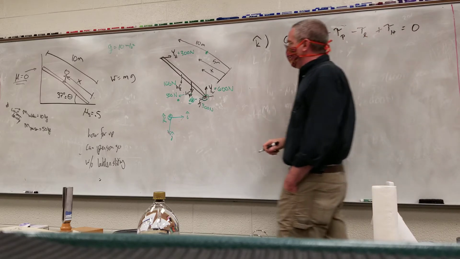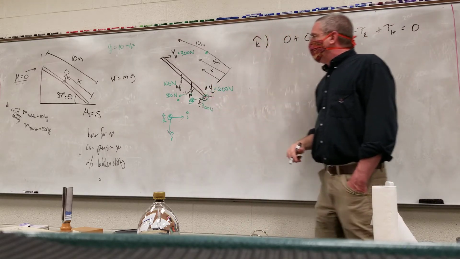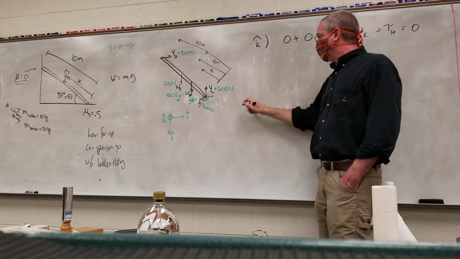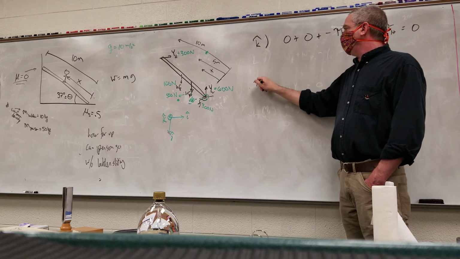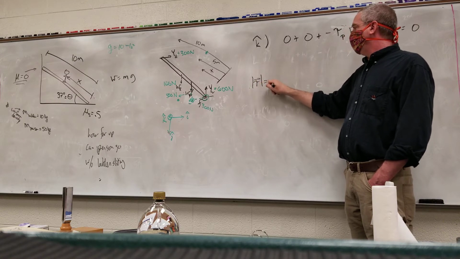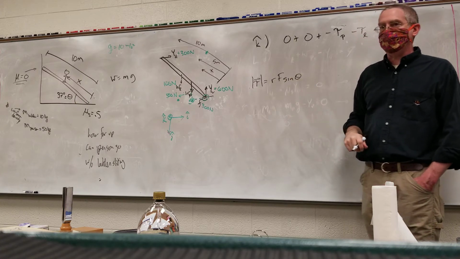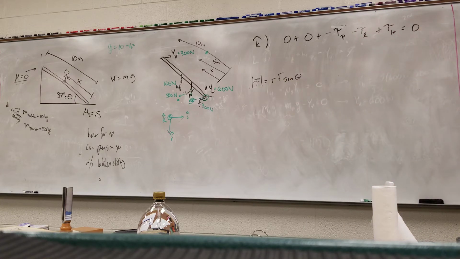All right, so let's start going through it bit by bit. We've already thought through the direction here. Since we've already thought through the direction, all I have to do is look at the magnitude of the torque, which is rF sine of the angle between them. Got to be careful here. That is the angle when you put the two vectors tail to tail.